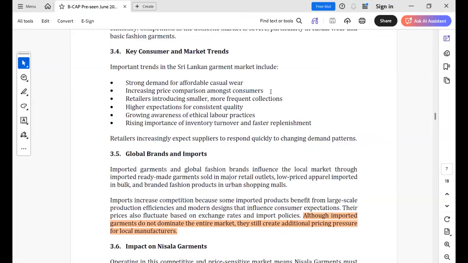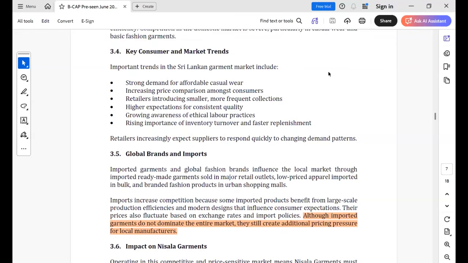What is the price at retailer A? What is the price at retailer B? Among other things, you also want to see good quality. Retailers are introducing smaller, more frequent collections. Higher expectation for consistent quality. You want to have a good quality garment at an affordable price.